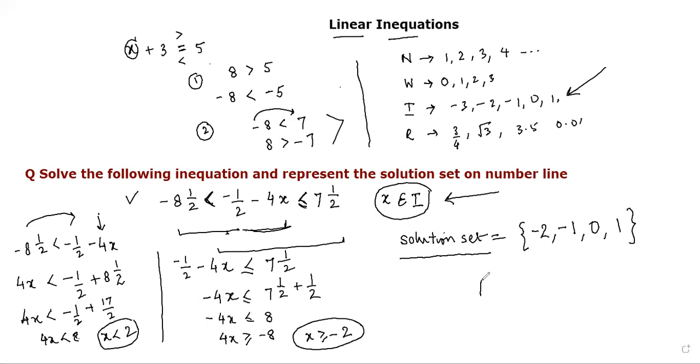Now, the last thing is to plot it on the number line, which is the easiest thing of all. 0, 1, 2, 3, this is the number line, 4, and on the left hand side will be -1, -2, -3, and so forth. Now the time has come to plot it.